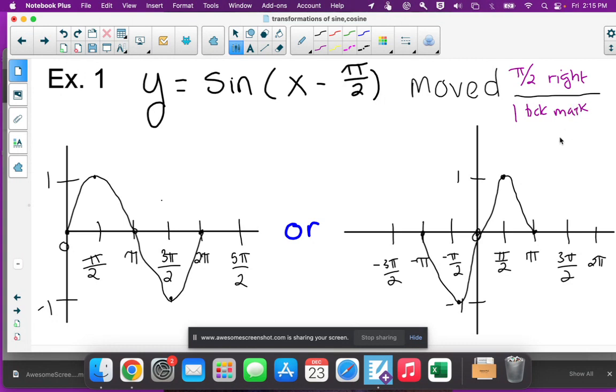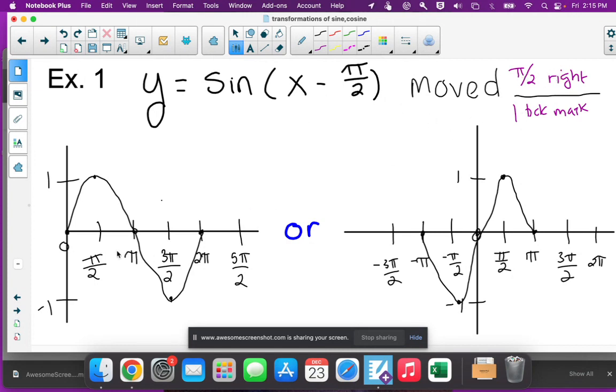It's one step to the right because each of our tick marks, each of our steps, is worth pi over 2 because our period is 2 pi. This will be important when we actually start changing the period as well. We'll have to know how many tick marks we need to move it. Okay, so in this case, again, pi over 2 to the right.